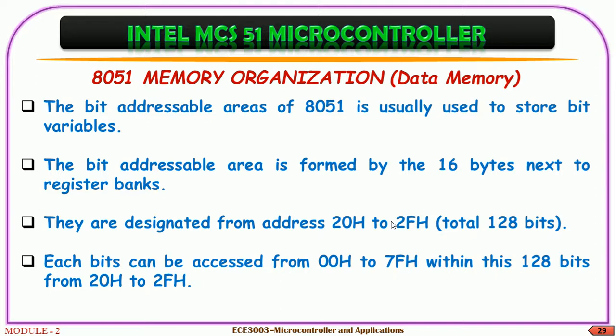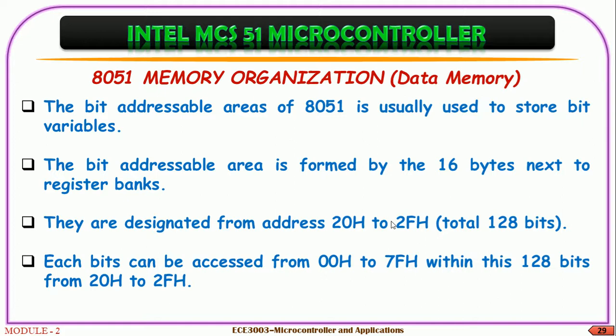The bit addressable area is usually used to store bit variables. It is formed by 16 bytes next to the register banks. They are designated from address 20H to 2FH, totally 128 bits. Each bit can be accessed from 00H to 7FH within these 128 bits.